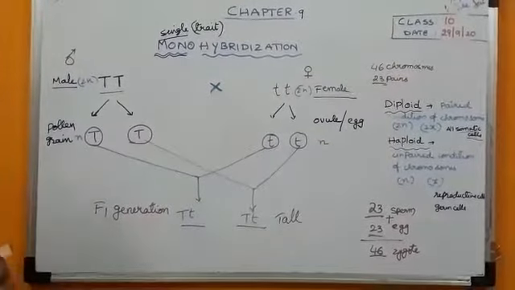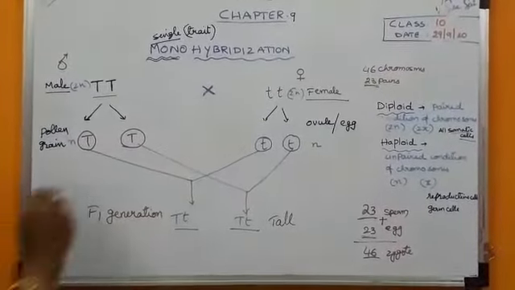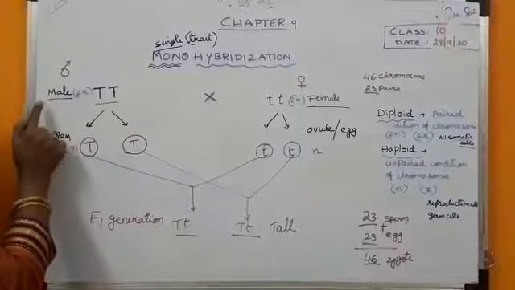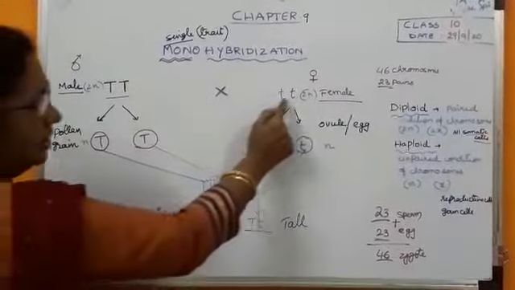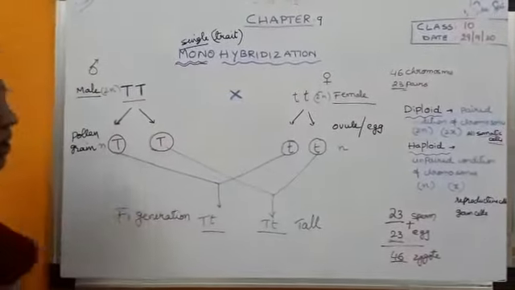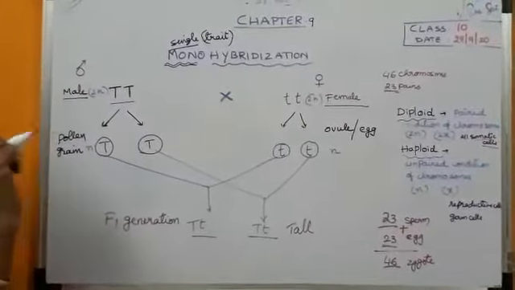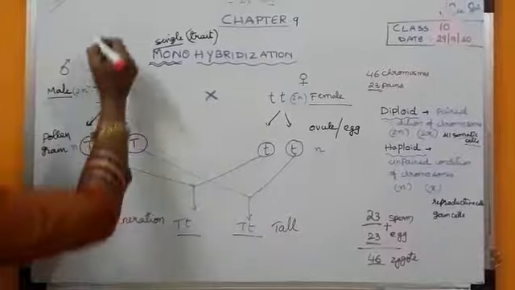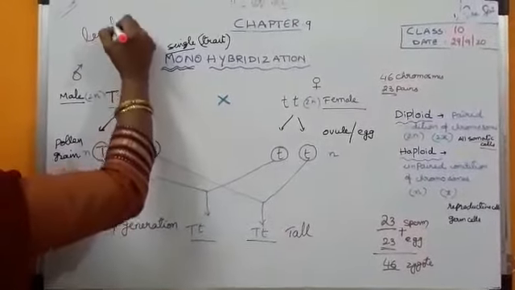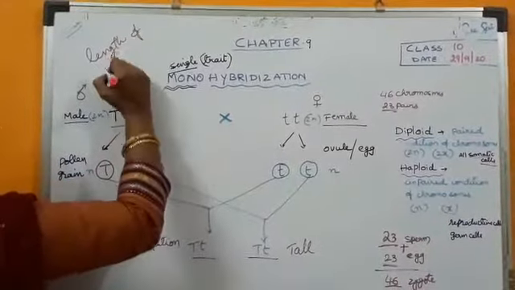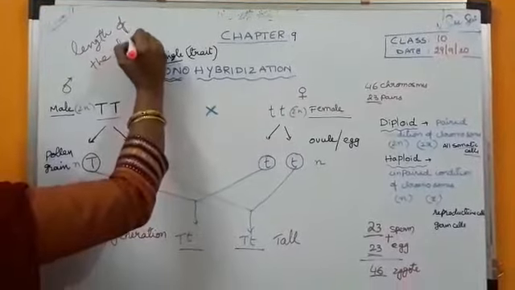Once again, see, first what did he take? Capital T, a tall plant, and small t, a dwarf plant. Why do we call this monohybridization? Only one trait was considered. What is this trait? The length of the stem, whether it is tall or short.